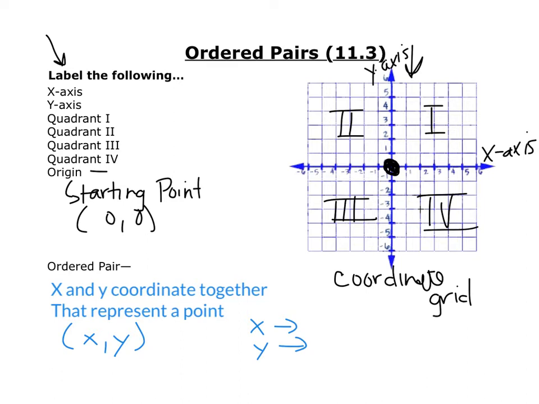The x-coordinate, whatever it happens to be, tells you how far left or right to move on the graph. Left would obviously be, as you can see from the graph, a negative move, and right would be a positive move. The y-coordinate, maybe you can guess now, tells you how far up or down to move. Again, up is positive, down is negative.